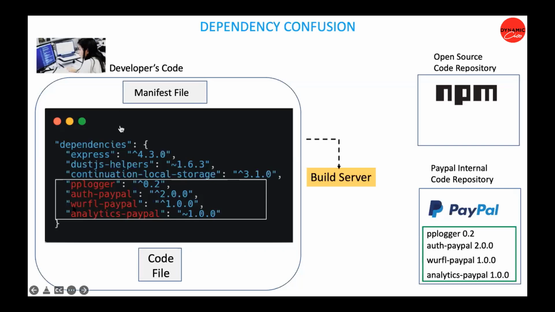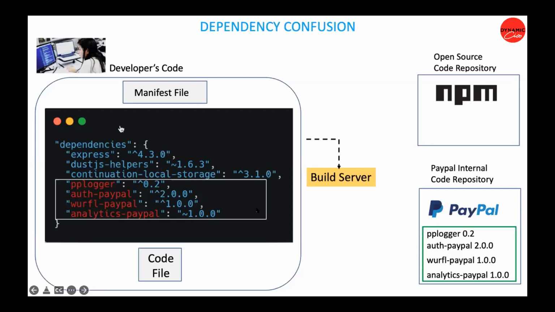So this developer wrote this manifest file and listed PP logger, auth PayPal, WURFL, and analytics. These four were in a repository which was internal to PayPal. Whereas in the open source repository, NPM, JavaScript, there was nothing. None of these dependencies are out there.